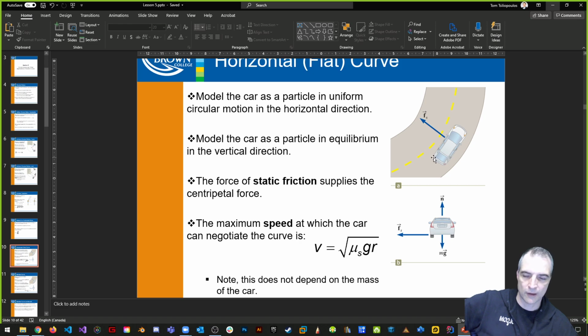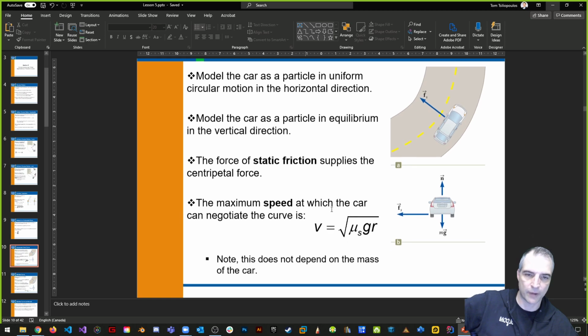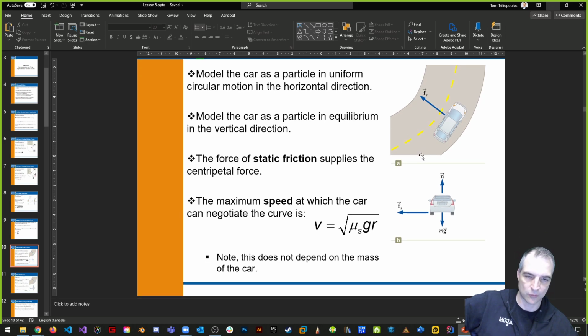Knowing this, if I want to know the maximum speed at which a car can whip around a track, as an example, and by the way, this is relevant to games because we do make car games and other kinds of movement games, we can say that the speed is equal to the square root of the coefficient of static friction times g r. Why g r? Because when we want to figure out the total force, we take the coefficient of static friction and multiply it by the normal force.